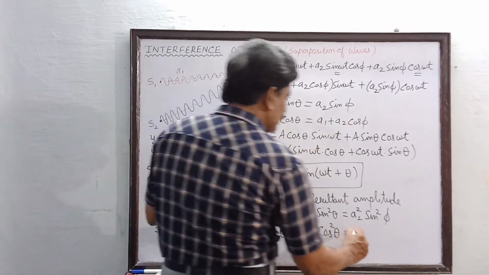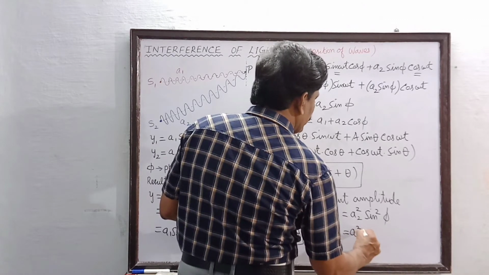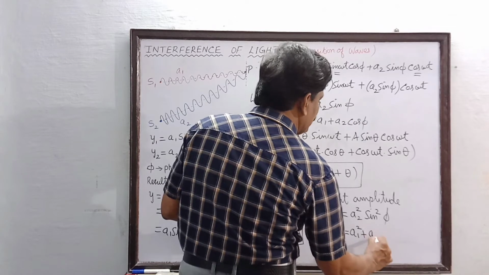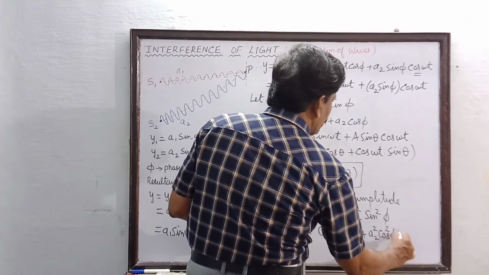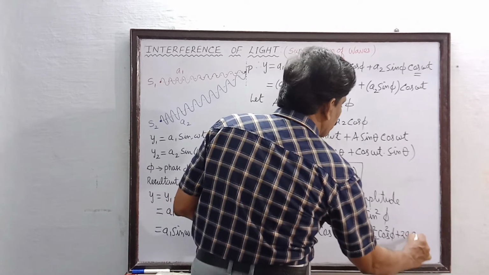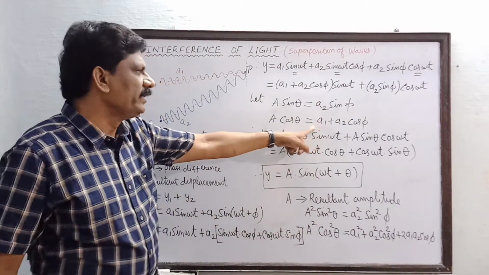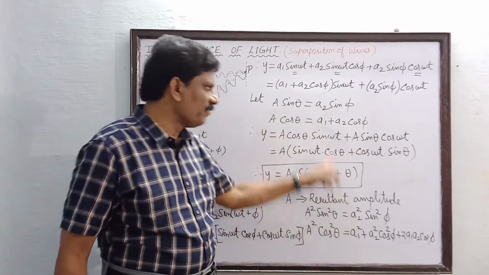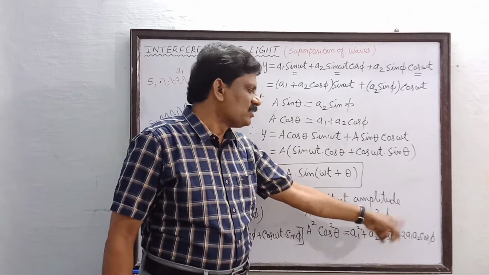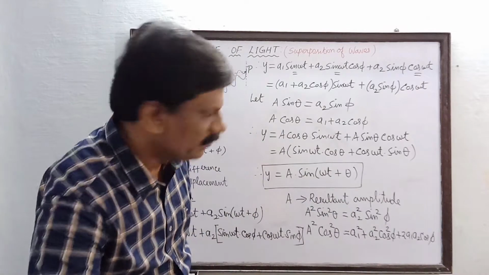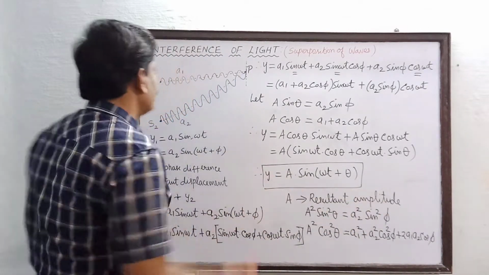So the first term is A1 square, the second term is A2 square cos square phi, and the third term is 2 A1 A2 cos phi. I have squared A1 plus A2 cos phi the whole square. Now I am going to add the left hand side as well as the right hand side.